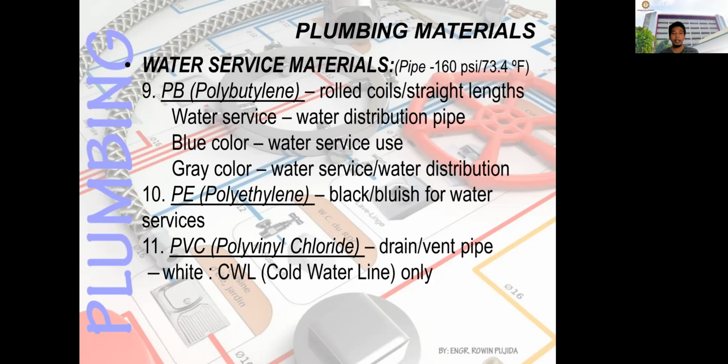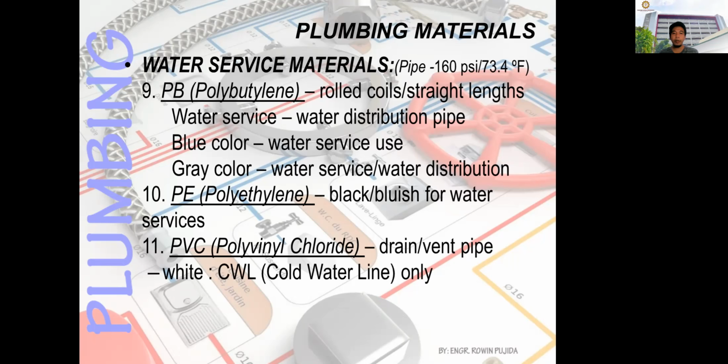For water services that is, I think, black. Sometimes you see that in other areas, especially in rural areas, they have the black plastic pipe that is one type of polybutylene pipes. So that is used for water distribution.